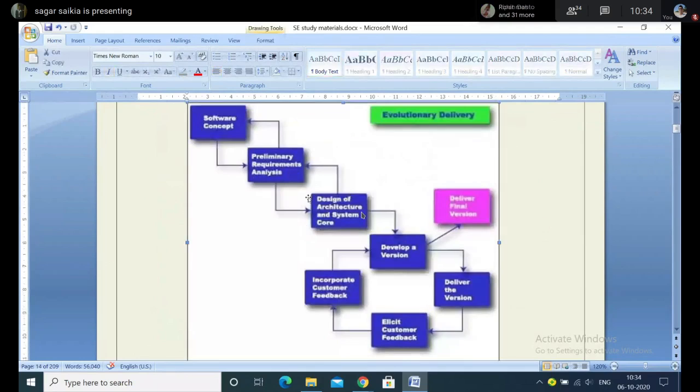From here itself we can understand, let's say for example, when the concept of software is being built, we move to the preliminary requirements and analysis. That means we try to understand what the requirement is, or on what system it will be more feasible. We carry out information gathering on the client side about what the customer basically wants, and accordingly we perform an analysis.